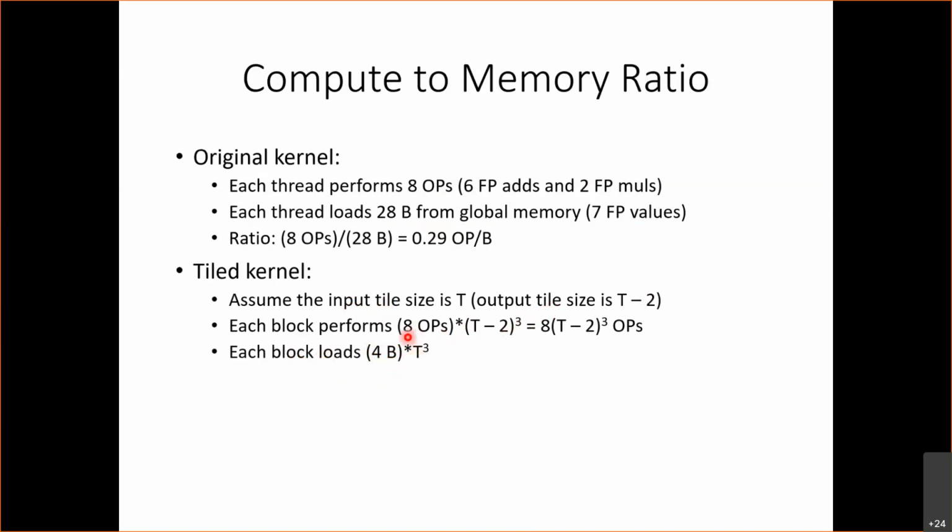So this up here is the number of operations that a thread block performs collectively, and this over here is the amount of data that a thread block collectively loads. So this ratio, if you calculate it, comes out to t times (1 minus 2 over t) cubed. Now the block dimension that I chose was t equals 8. For t equals 8, this ratio becomes 0.84 ops per byte.